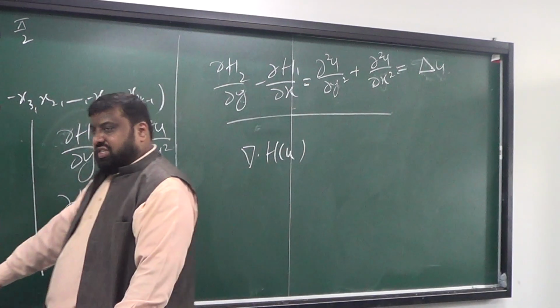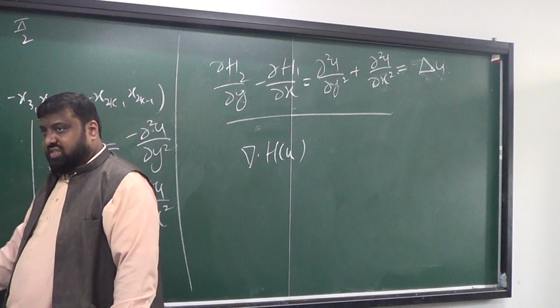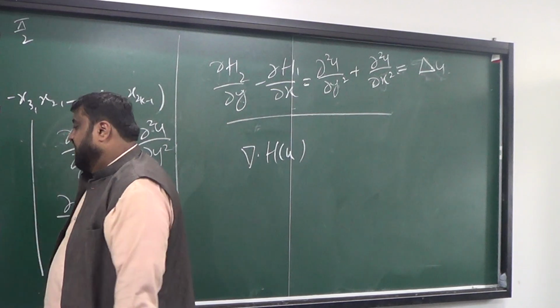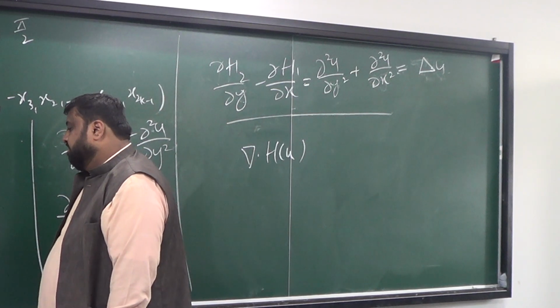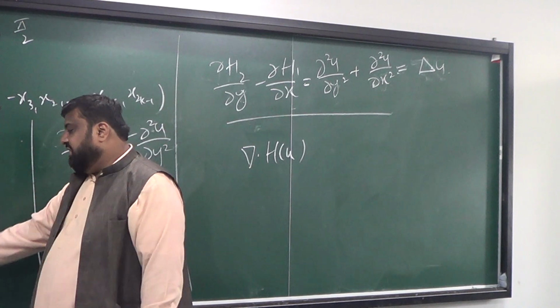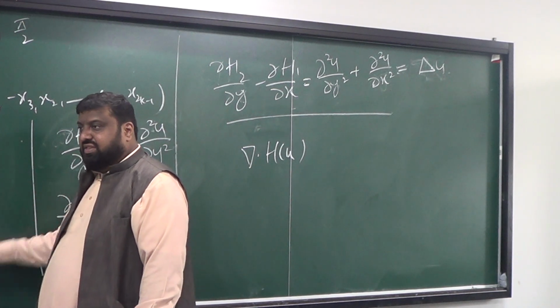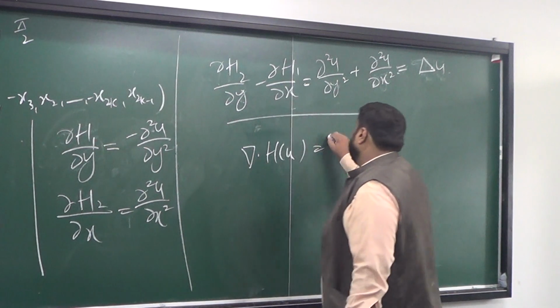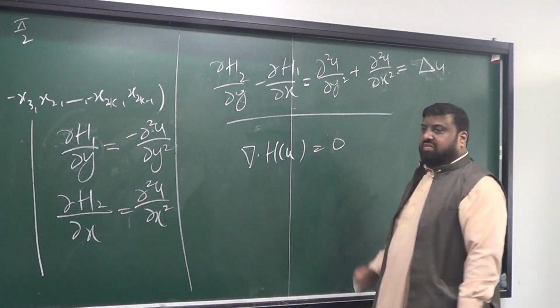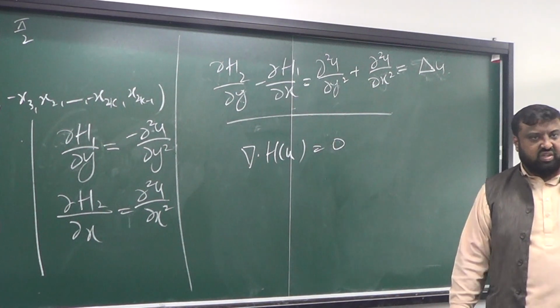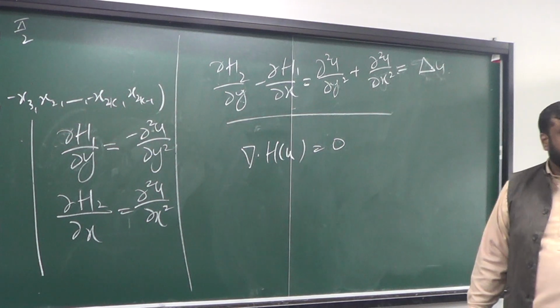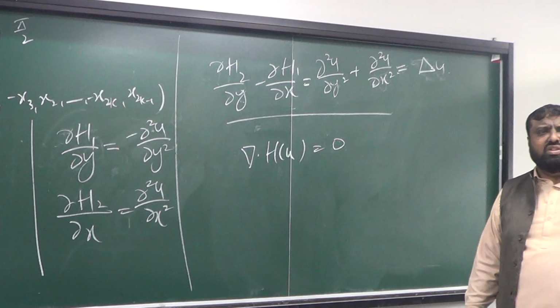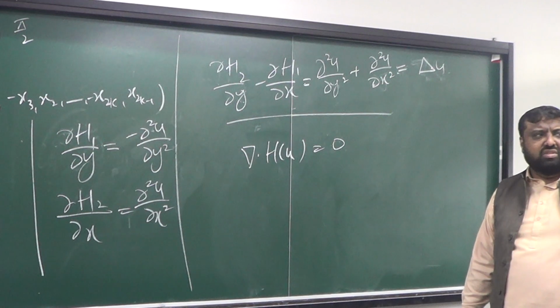You take this, and differentiate it, for example, first with respect to x and with respect to y. So you're going to get 0. Why is the divergence of this entire process 0?